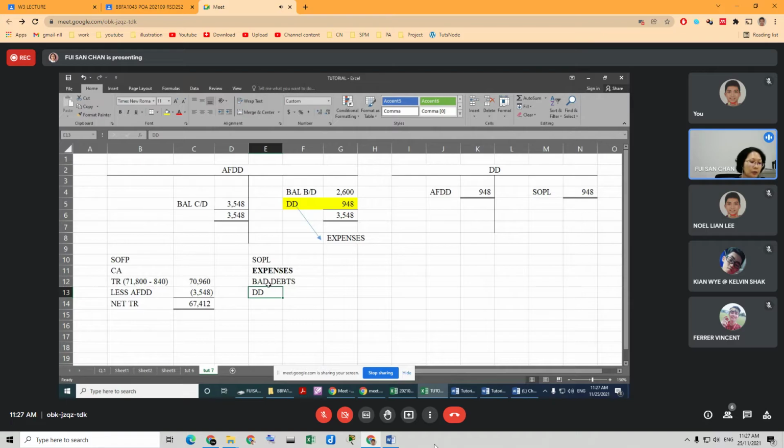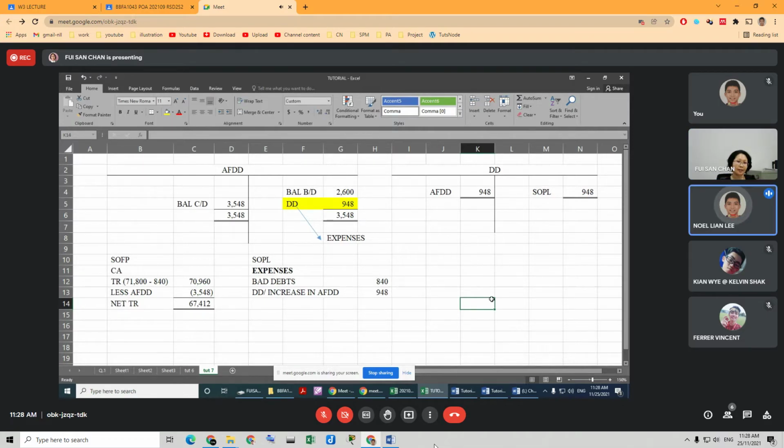Now, for these doubtful debts, normally we can put either doubtful debts, or normally we will put increase in AFDD. Normally, we'll put like this. So, bad debts, like this. Increase in doubtful debt, like this. Right?